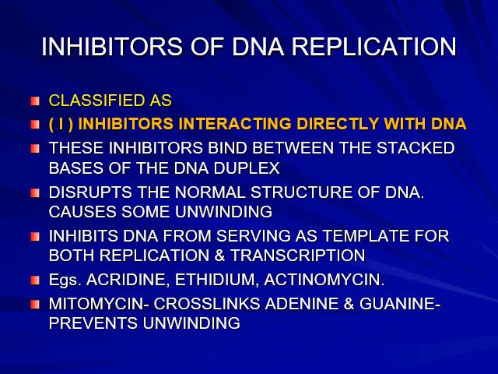So this inhibits the DNA from serving as a template for both replication and transcription. Examples of such inhibitors, one of the most important is actinomycin. Then you have acridine and ethidium. Mitomycin cross-links adenine and guanine and prevents unwinding.